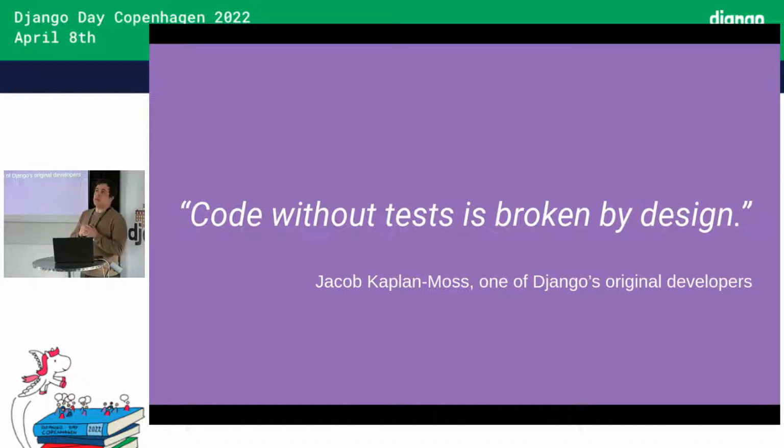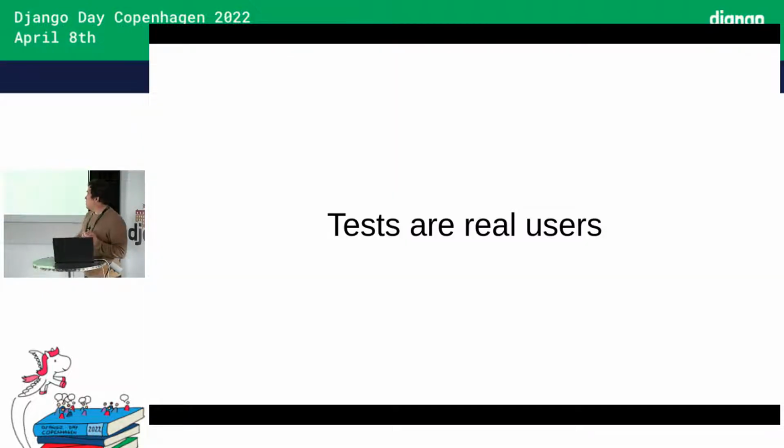I like to think of tests as a formal specification of your software. You are not going to get a software project without bugs just by having tests, but you are going to get some sort of process, some sort of code or documentation that makes sure your software does what it's supposed to do. And I like to think of tests as real users.